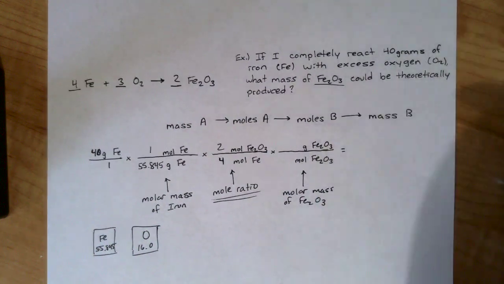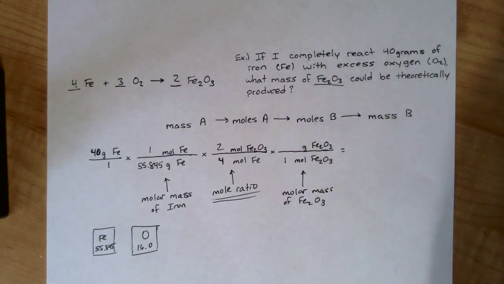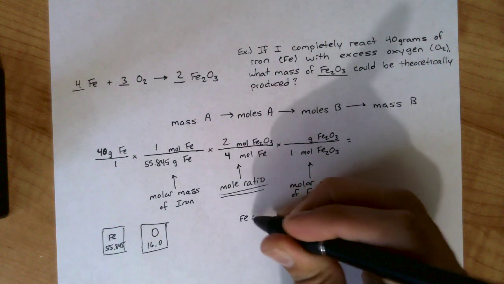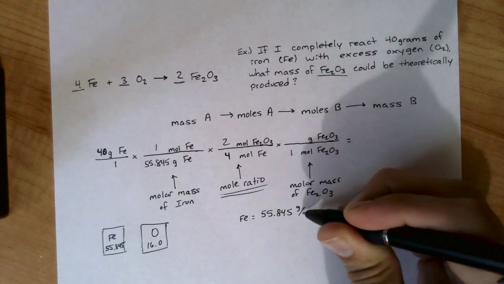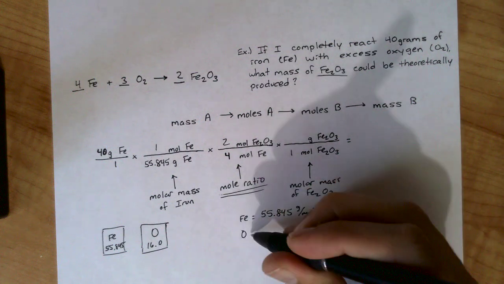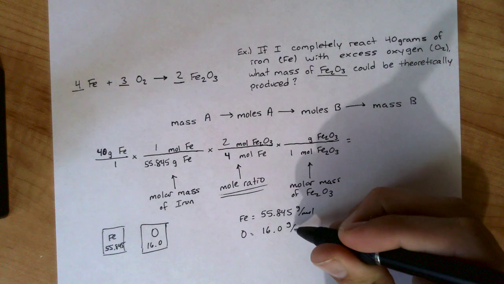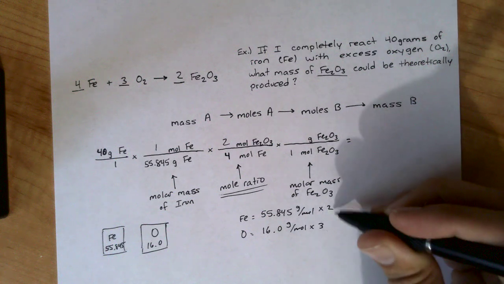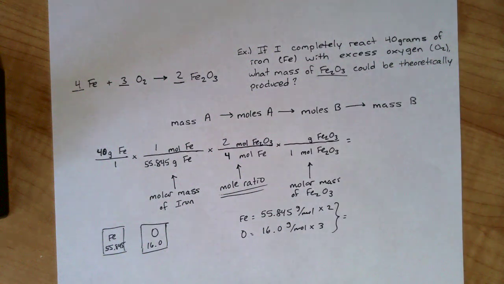And now to find this, we just have to say for every 1 mole of this compound, how many grams are in it? Easy. So we know that iron is 55.845 grams per mole, and oxygen is 16.0 grams per mole, times 2 times 3. And that total number will be the grams per mole of iron 3 oxide.